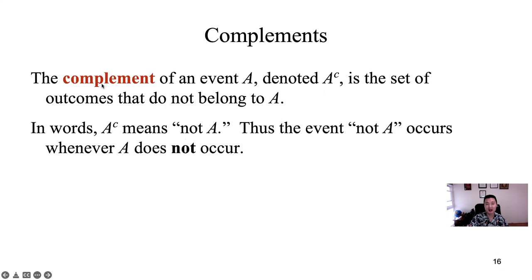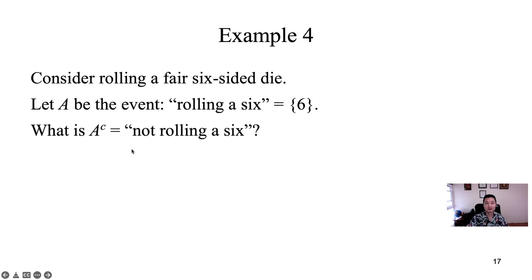So that's called complement, or not A. If A is rolling a 6, what is the complement of A, or not rolling a 6? Not rolling a 6 will include 1, 2, 3, 4, and 5. So A^C will include 1, 2, 3, 4, and 5. So that's complement.